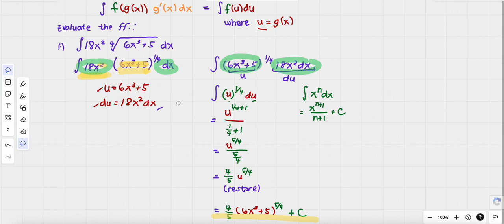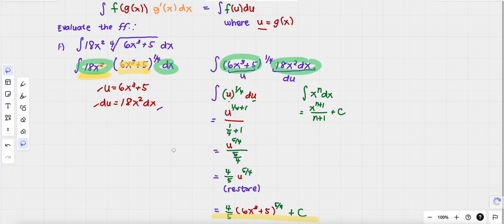Now, this one is pretty straightforward because du already exists in the original integral. What if the du is not non-existent, but only a part, or a portion of it exists in your original integral?